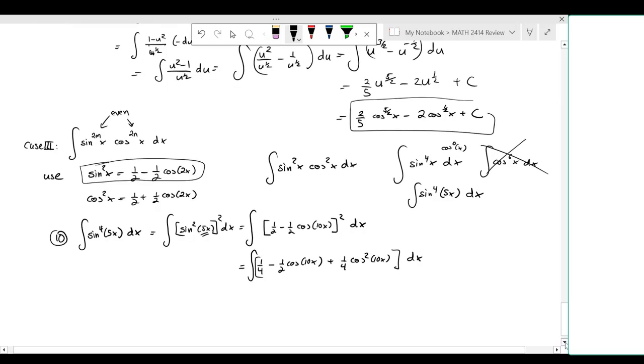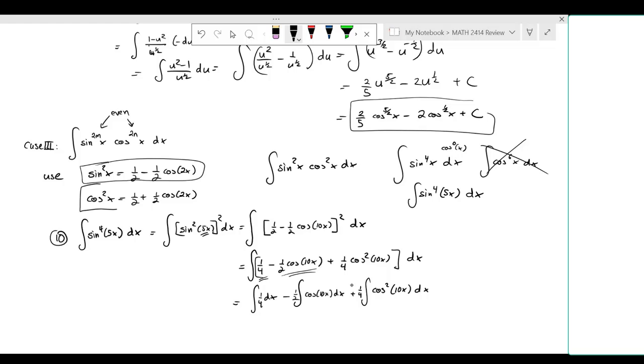Okay, so of course the integrals of the first 2 terms are simple, right? We just integrate the 1/4 and then the 1/2 cosine 10x. But when we integrate the 1/4 cosine squared, what do we need to use? That's right. It's an even power of cosine.